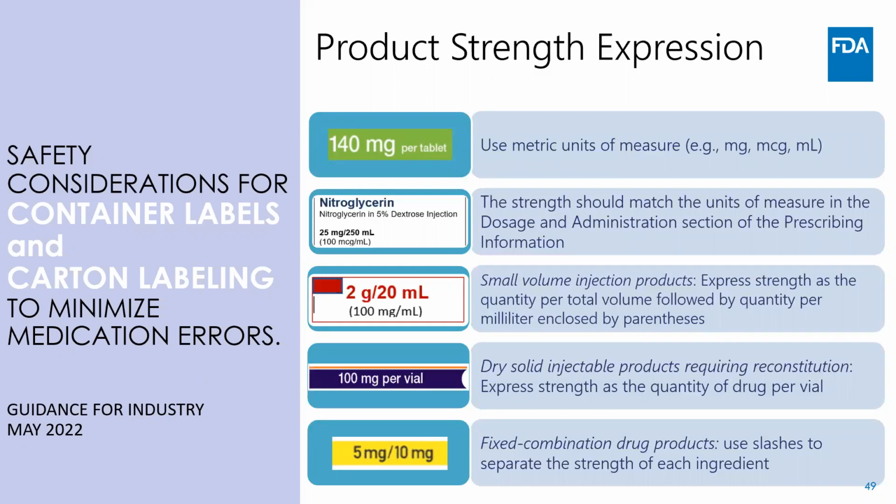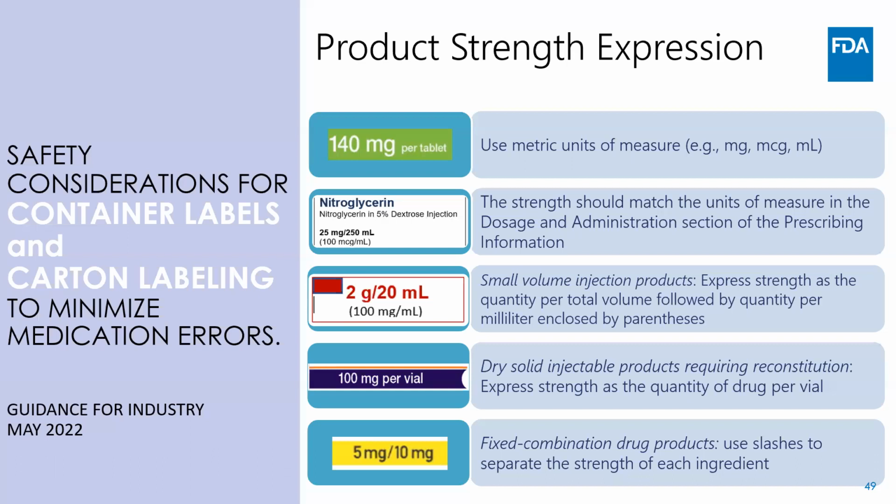And in reviewing a product's strength, we want to ensure that the strength is presented in metric units, that the unit of measurement for the product strength is consistent across the prescribing information, as well as any other labeling, including the carton labeling, container label, or instructions for use, if applicable, and that the strength for small volume injection products is expressed as a total drug amount per total volume, followed by the quantity per milliliter in parentheses.